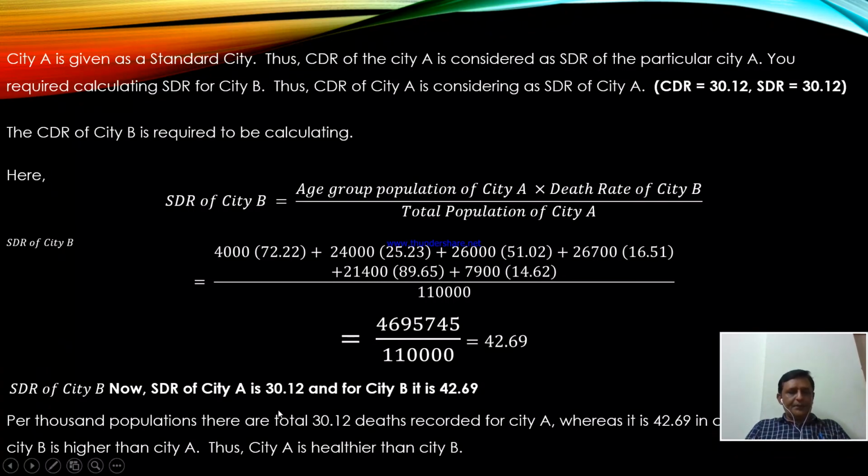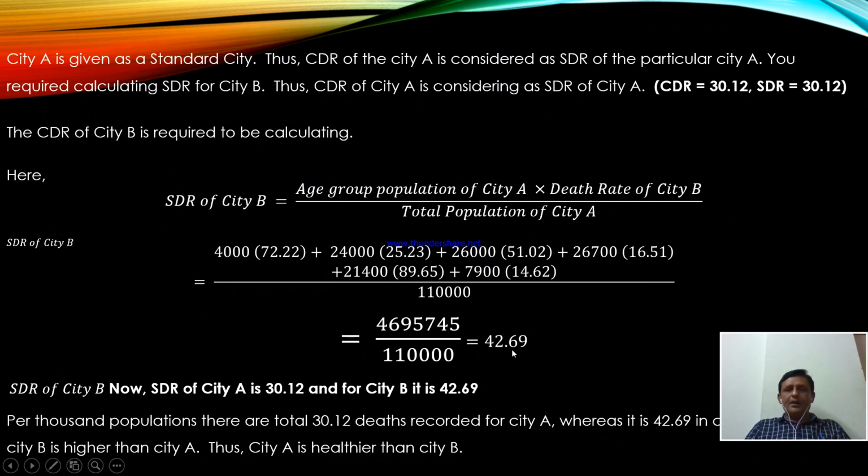So let's compare them, SDR of city B and SDR of city A. City A has an SDR, as we mentioned, of 30.12, whereas the calculation for city B's SDR is 42.69. It is very clear now, 30.12 is comparatively lower than 42.69.